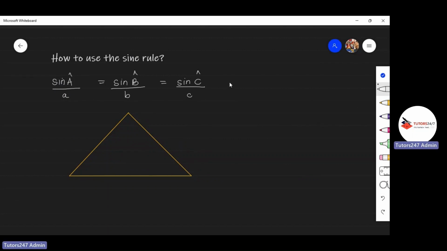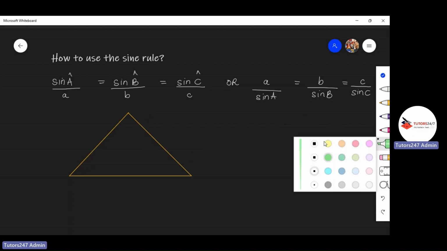So an alternative representation is side A over sine of angle A, which is equal to side B over sine of angle B, which is equal to side C over sine of angle C. But for this particular case, I am going to stick to the first notation.